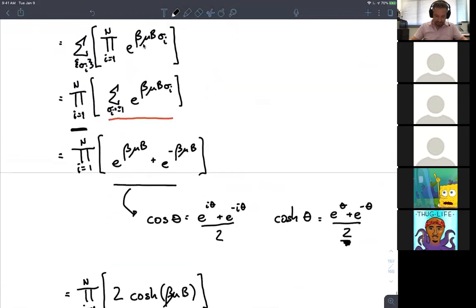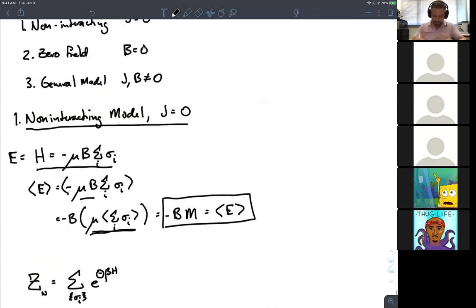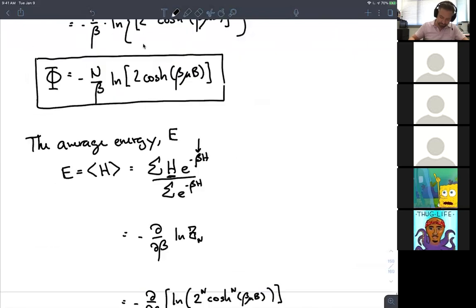Now we have our average energy. And as we described when we started back here, once you know your average energy, you also know your magnetization, because our Hamiltonian is so simple that when we calculate our average Hamiltonian, we get that the average energy is just minus the magnetic field times the magnetization.